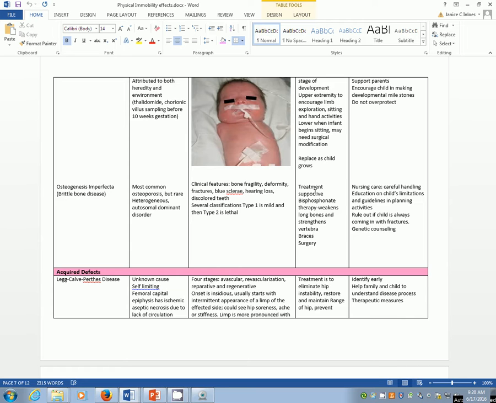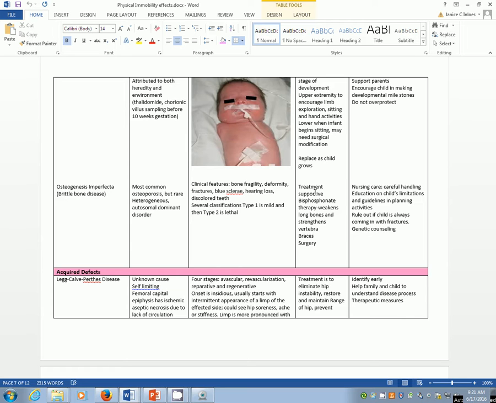The problem with that is it weakens the long bones and affects the growth plates, but it does strengthen the vertebrae. We usually put these children in braces that they can walk in, which helps protect their legs and gives them strength so that their own body weight doesn't crush their bones.